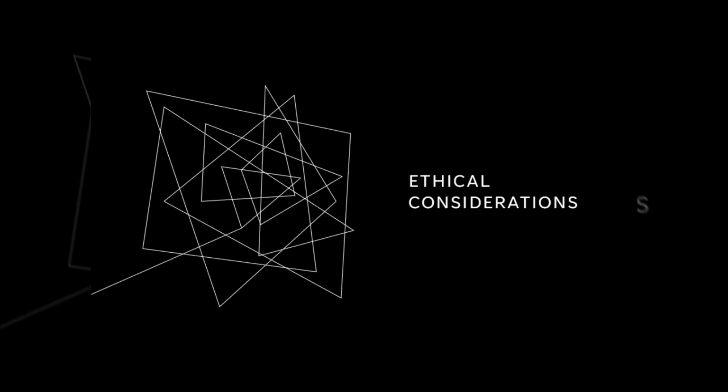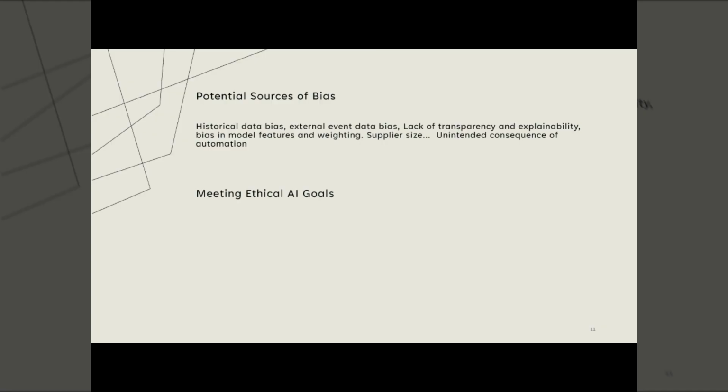In terms of ethical considerations, there are a few things that I've looked at in terms of potential sources of bias here. Of course, we're looking at things like fairness, accountability, and transparency, based on what we learned throughout the module. But in the context of using AI for predicting supplier lead times, several potential sources of bias could be there.